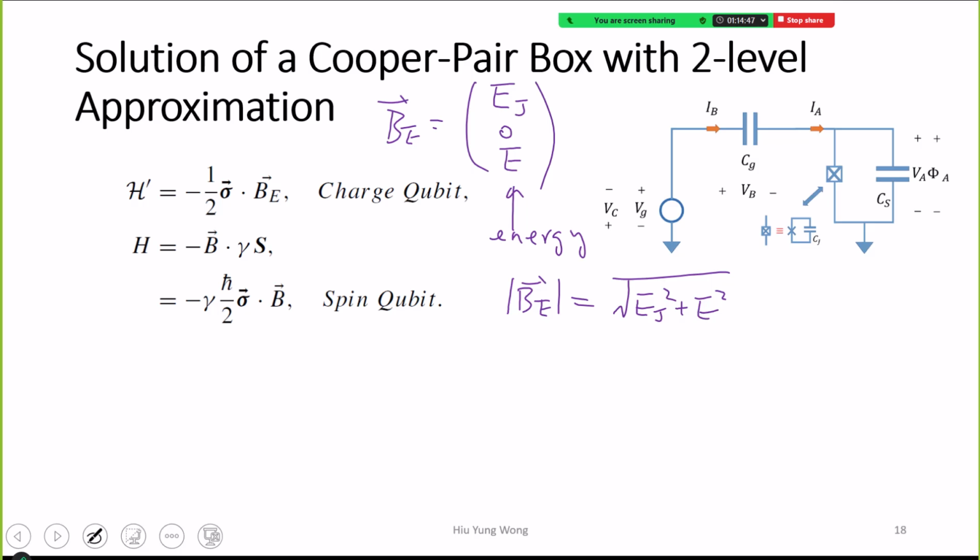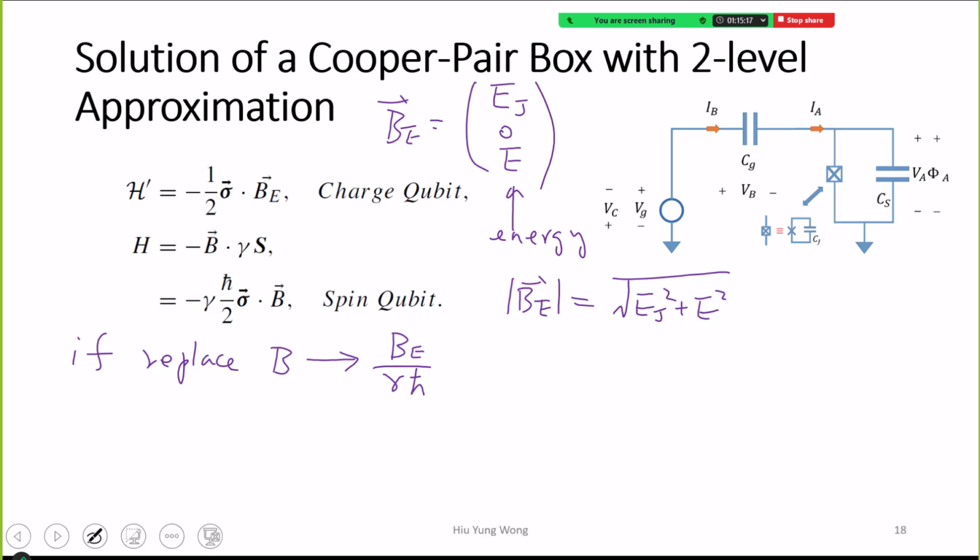Again, it's not a magnetic field. But however, right, if we replace B, whatever B, by BE divided by gamma H bar, am I right?